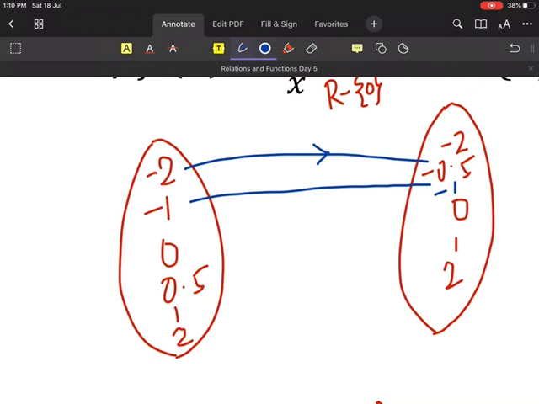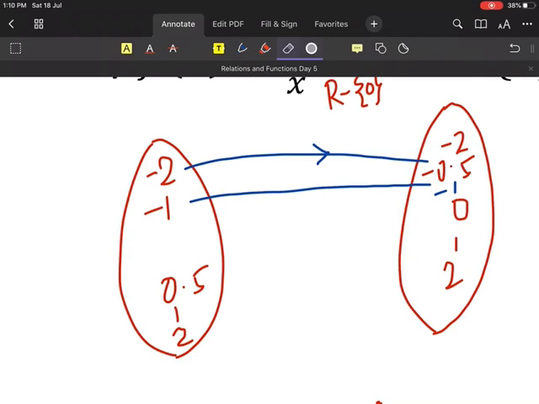I caught you. I told you, when I have 0, the function becomes undefined, right? R minus 0, so 0 cannot be present in the domain, because for 0 the function becomes undefined.